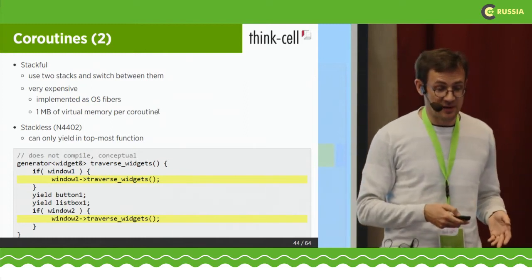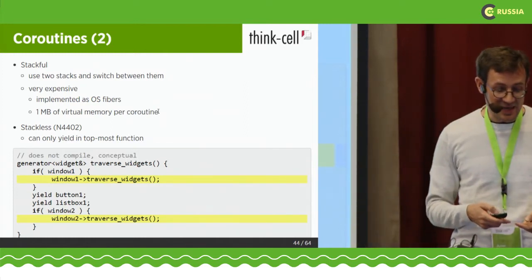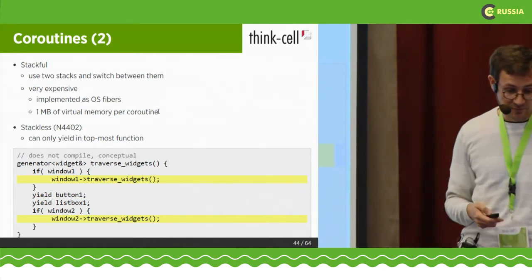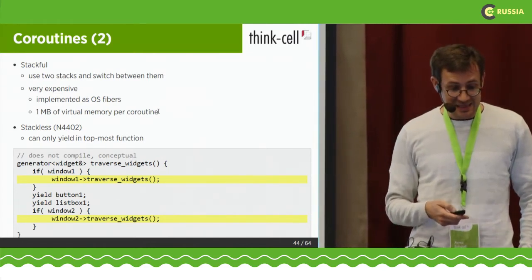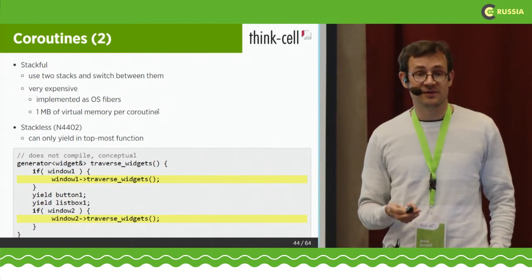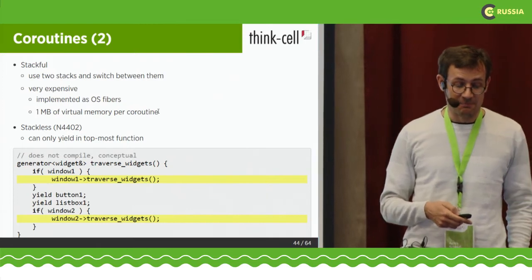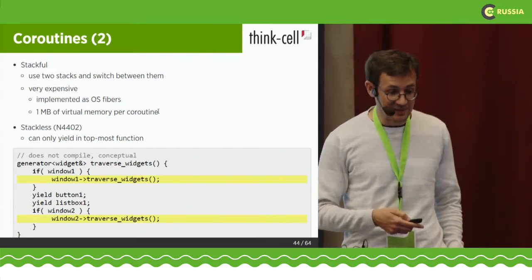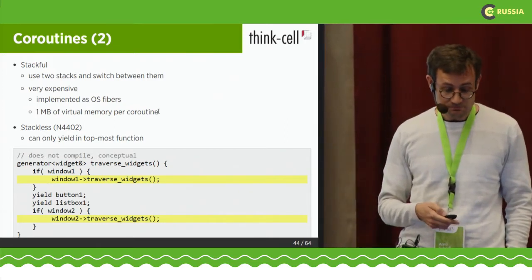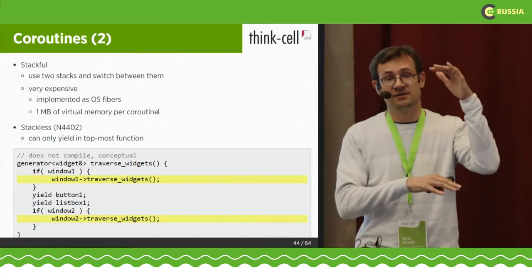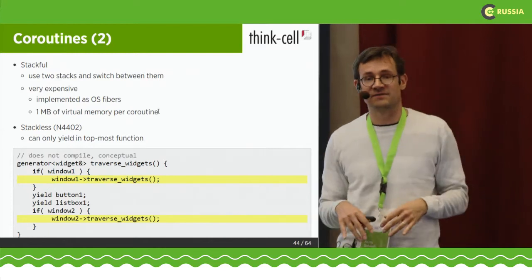There is an alternative, stackless coroutines. They have been proposed in N4402, and there they simplified the problem of generating these things by restricting the yielding to the topmost function. This is much simpler because the amount of stack you need can be calculated in advance.